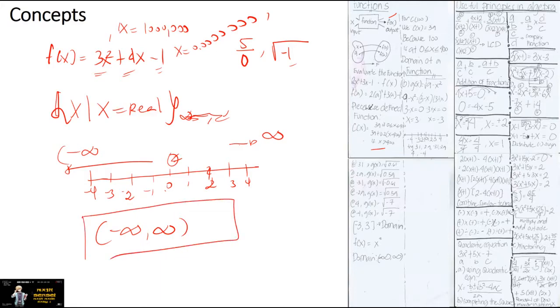So bakit siya naka-parenthesis? May tinuro ko sa inyo last time na pag included ang isang number sa domain, dapat naka-bracket. Yung infinity, hindi naman natin identify kung anong number yan. Infinity is infinity at hindi natin malalaman kung anong value niyan. Madaling sabi, this one and this one are the same.